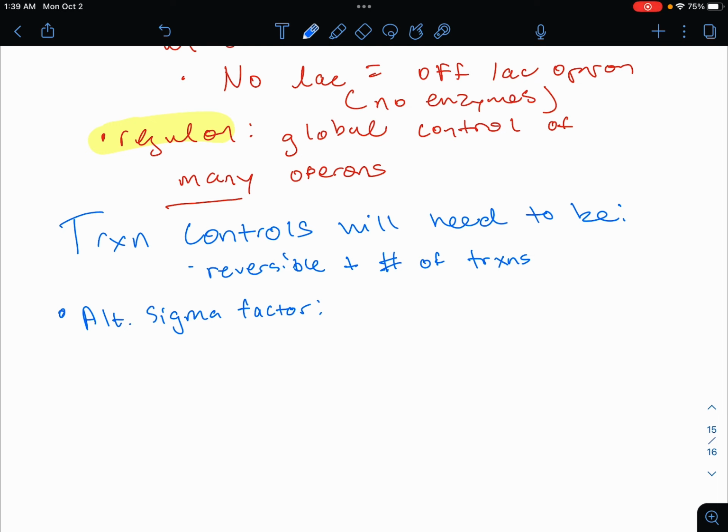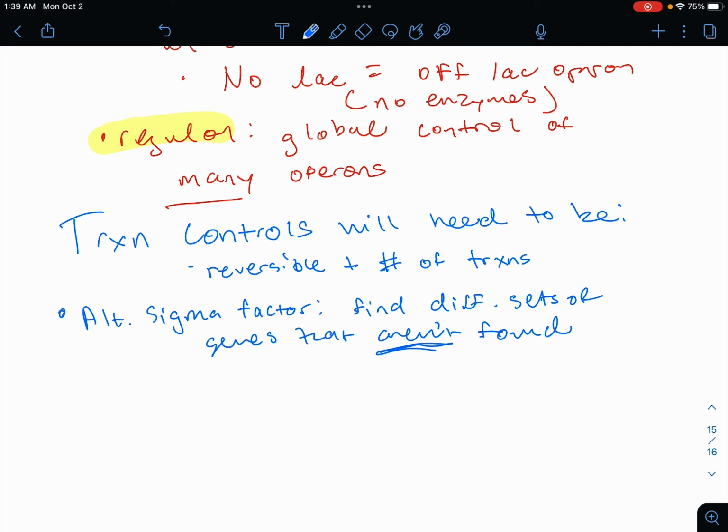And this will find different sets of genes that aren't found by the regular sigma for polymerase. So again, that's sigma factor, not OF. It's sigma factor. It's not like someone's initials for the polymerase.